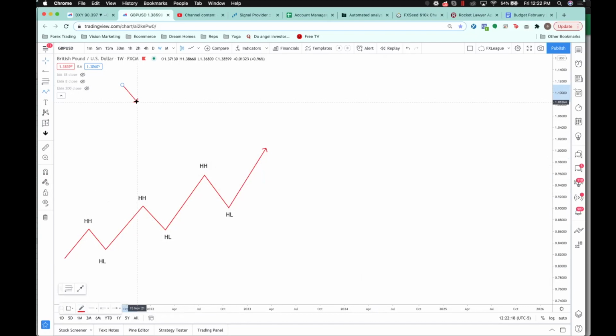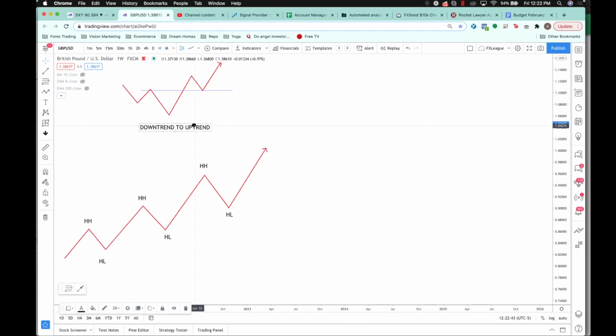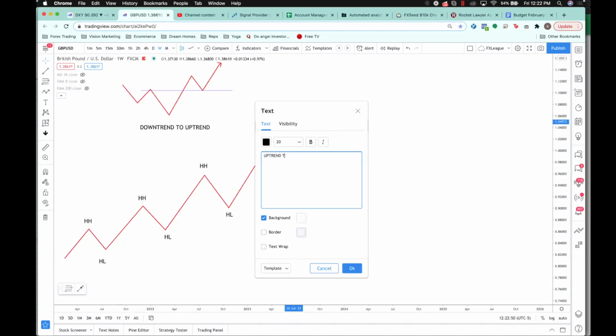And I'm just going to mark down over here another little example for you guys. And I'll cover this in a second, what this means, but it's good to have this. So this is from downtrend to uptrend right here. And then we're going to have on the flip side from uptrend to downtrend right here.